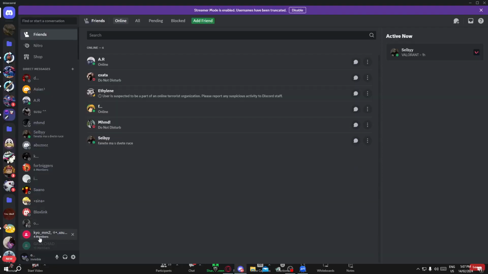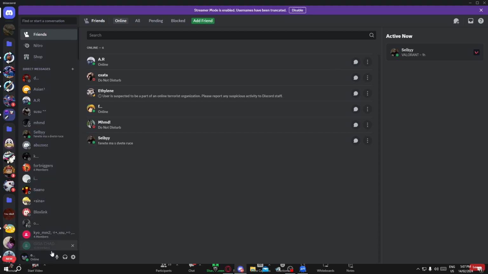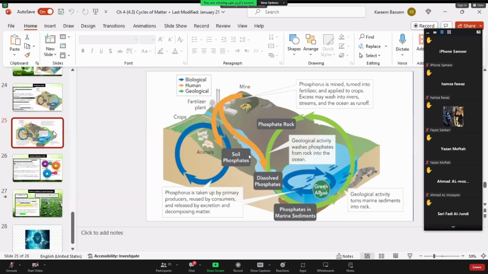Now, when there is excessive rain and runoff, this water ends up in ocean bodies or water bodies in general. So the phosphate found in the runoff is now dissolved in water.